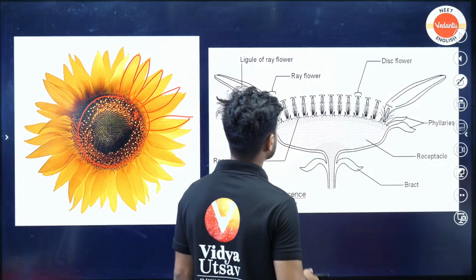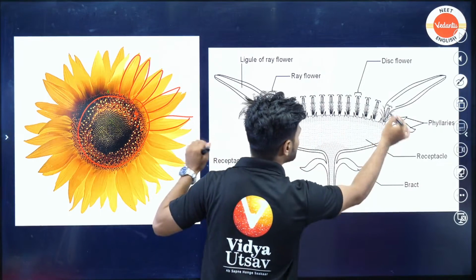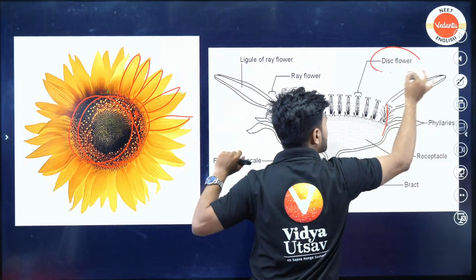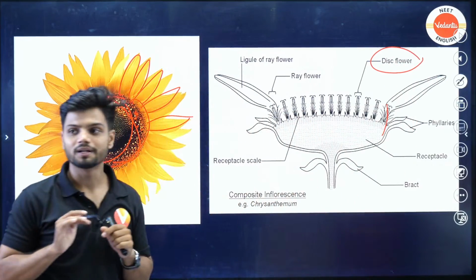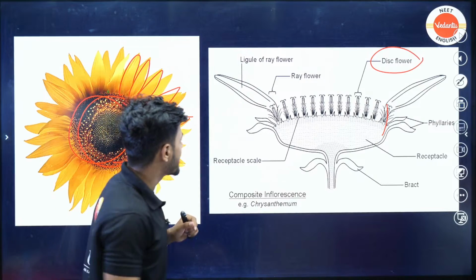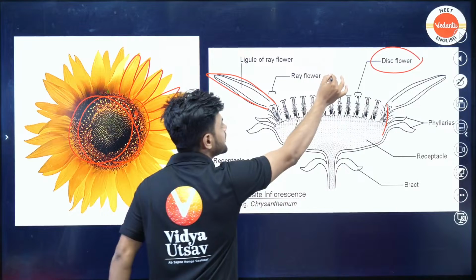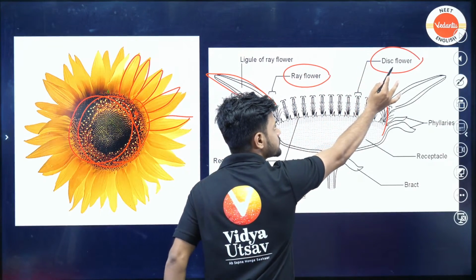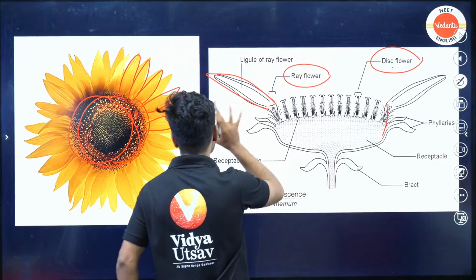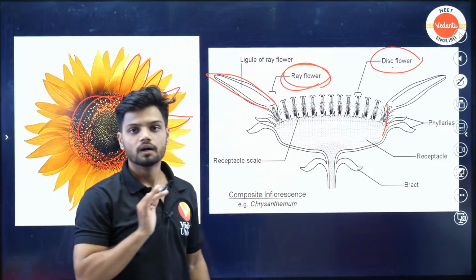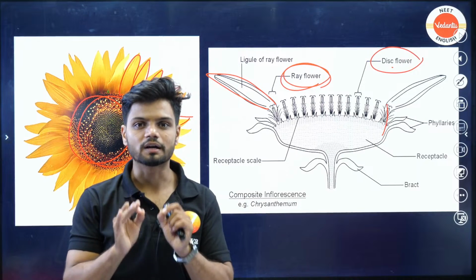In the middle, the center part is called your disc flower. And this outer part, the long ones, are called your ray flowers. So we have disc flowers in the center, and in the radial outside we have the ray flowers.